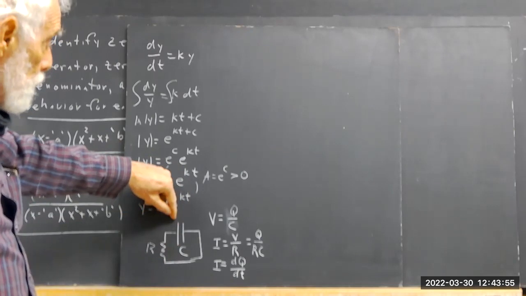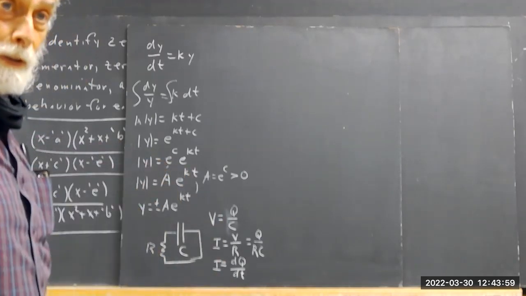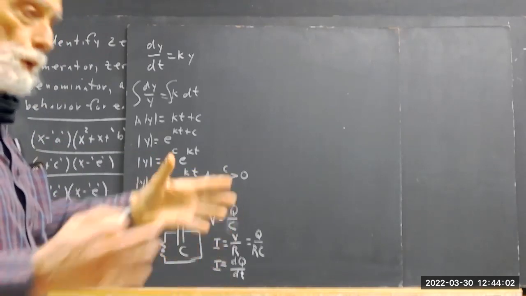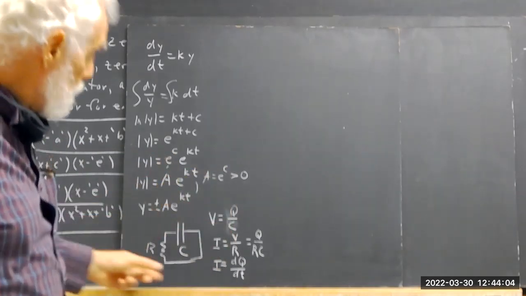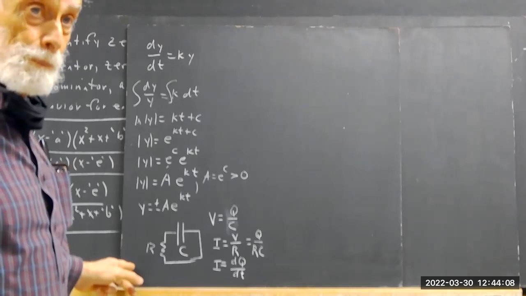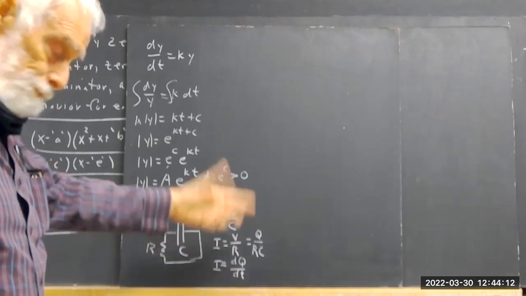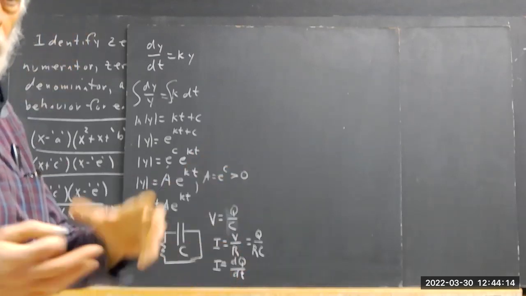It's coming from charge here trying to get over here. You're reducing the charge in the capacitor by allowing it to flow through the resistor. And the current, well, you have all these relationships. You want to understand that whole picture.